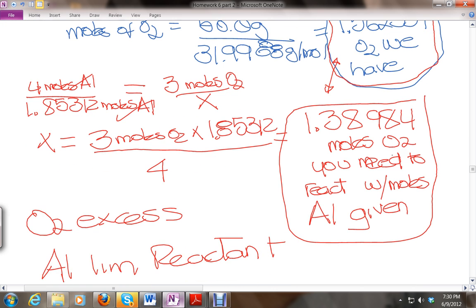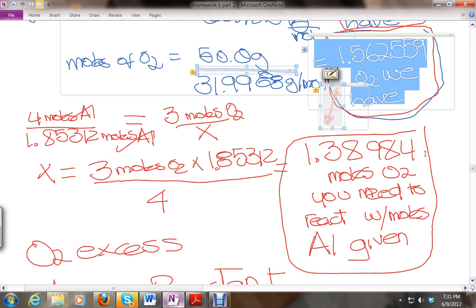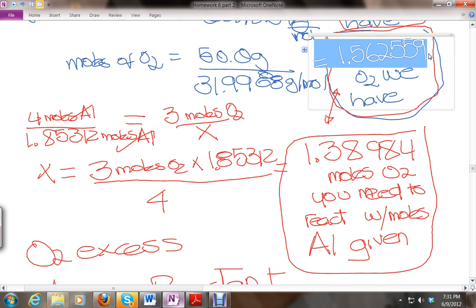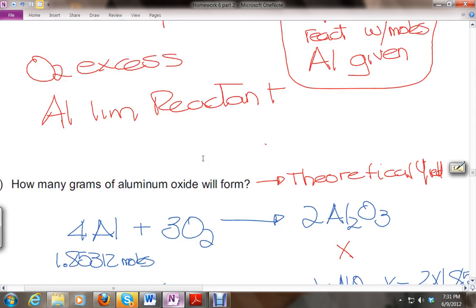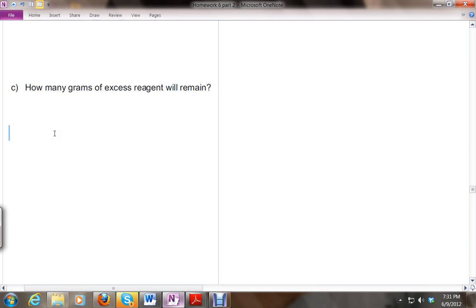And what did you need to react with all the aluminum? 1.38. So we need to subtract the 1.56562559 minus 1.38984. So for letter C would be 1.5.